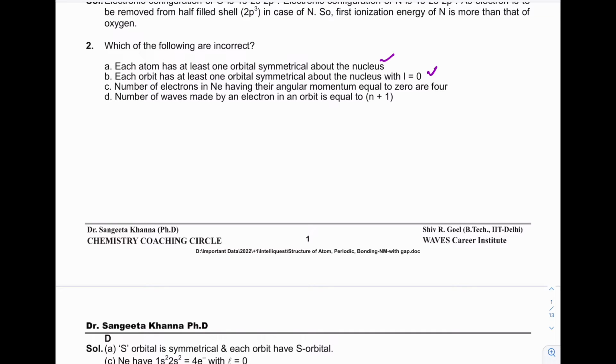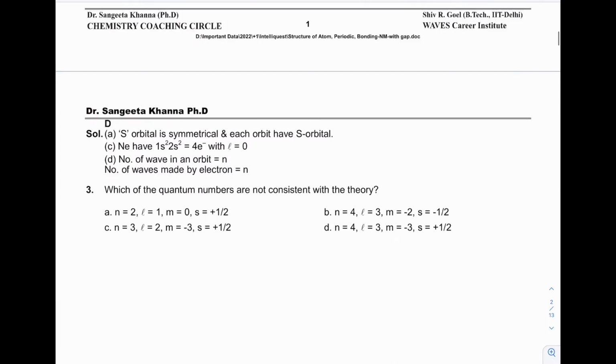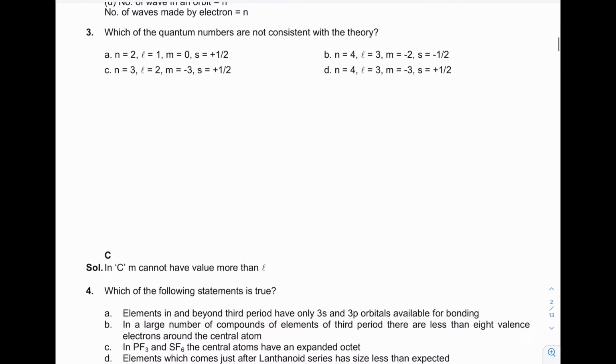This one is also correct because 1s2, 2s2, 2p6. So these 4 electrons have angular momentum 0. Number of waves made by electron in an orbit will be equal to n plus 1. This is wrong because it is equal to n. So incorrect is D. Which quantum numbers are not consistent with the theory? And it is C because m can't have value more than L.